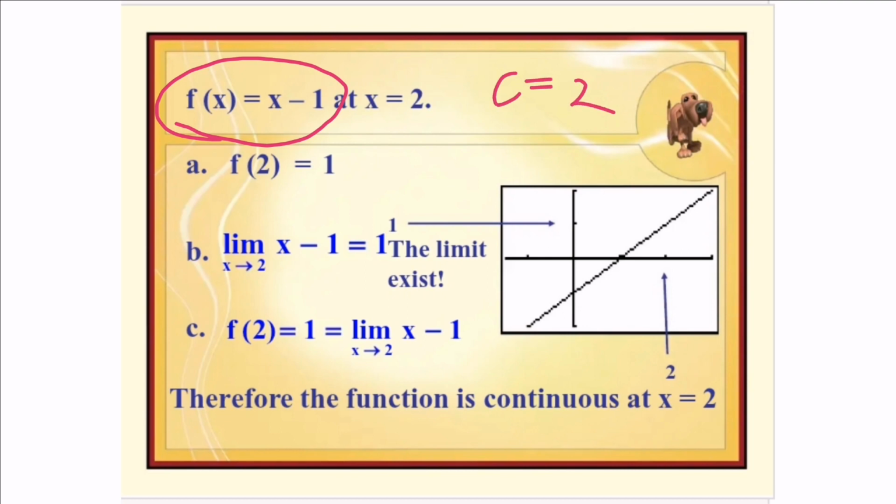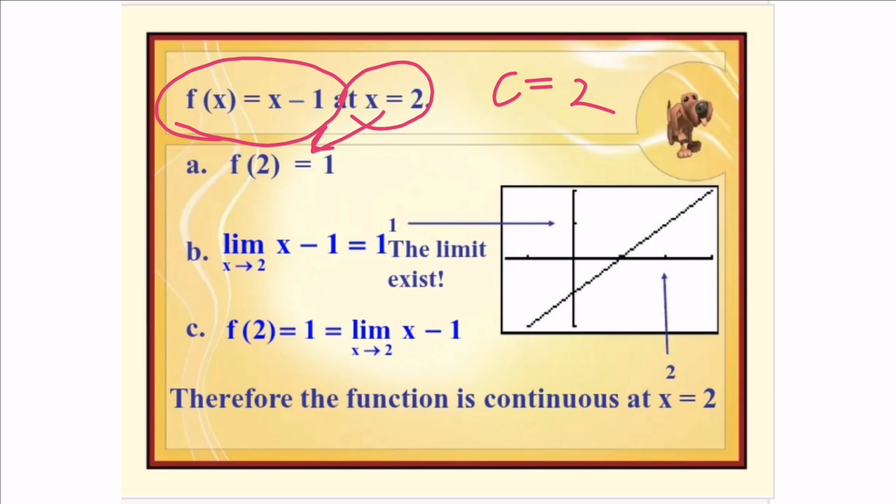First we put the value of c in the given function. If we substitute x equal to 2 in the given function, f of 2 is equal to 1. So the defined value is equal to 1.